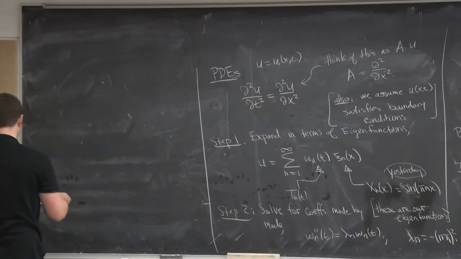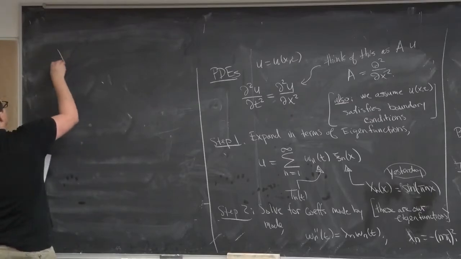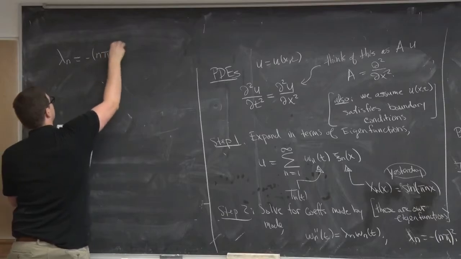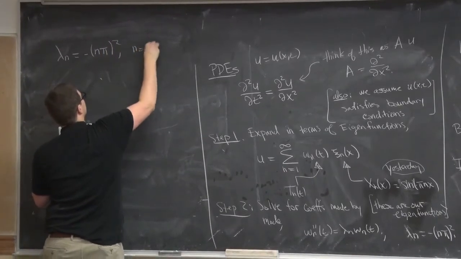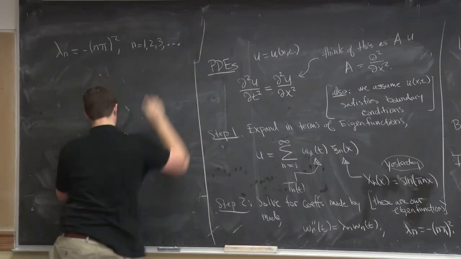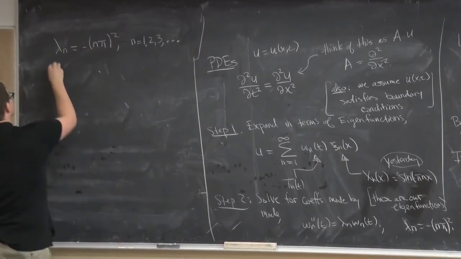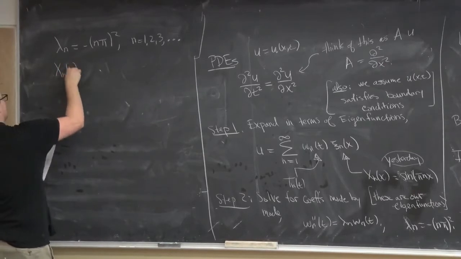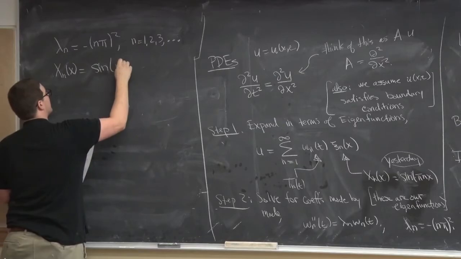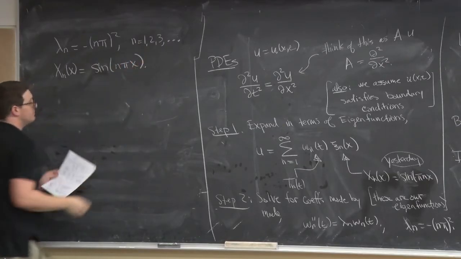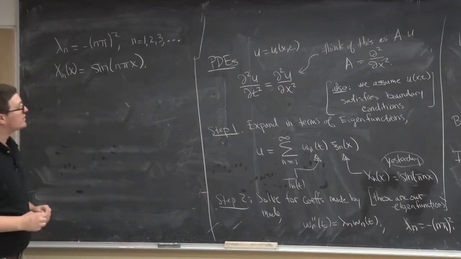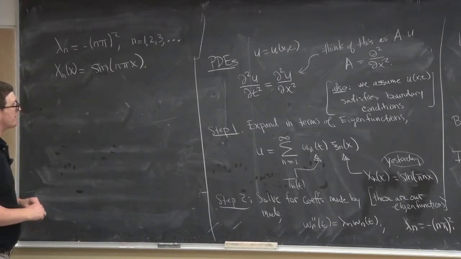So it imposed a restriction. We got lambda n equal to negative n pi squared for n equal to 1, 2, 3, and so on and so forth. And then we got that X_n of x is sine of n pi x. So the question remains how to deal with the initial conditions.